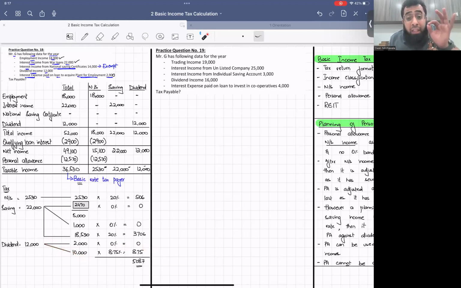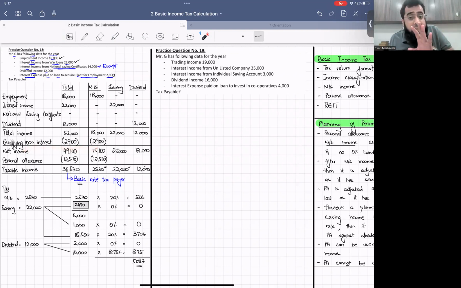So the only new thing in this class, just this one line adjustment, is qualifying loan interest expense. If you take a loan for a qualifying purpose, then interest expense on that loan is adjustable from your total income.